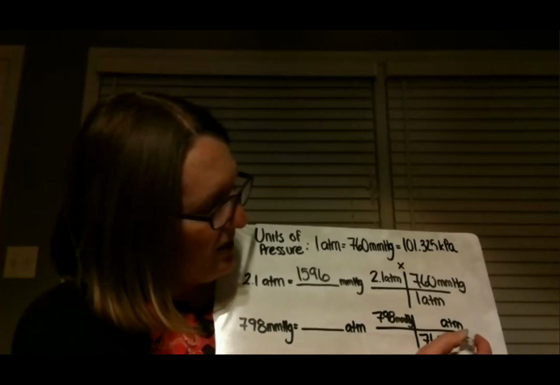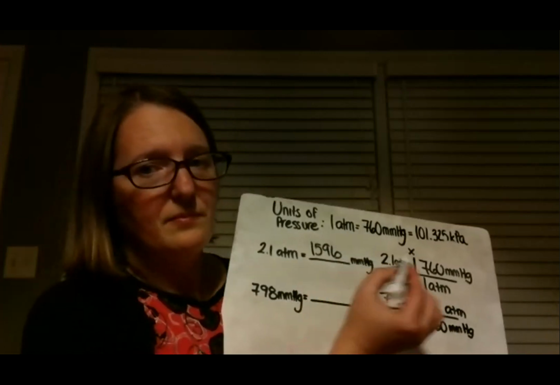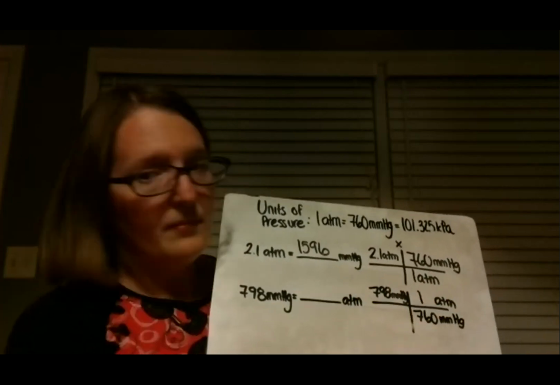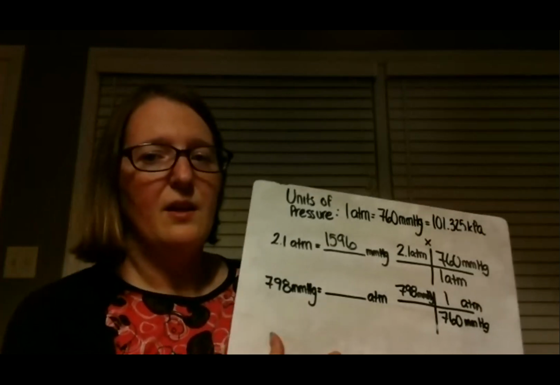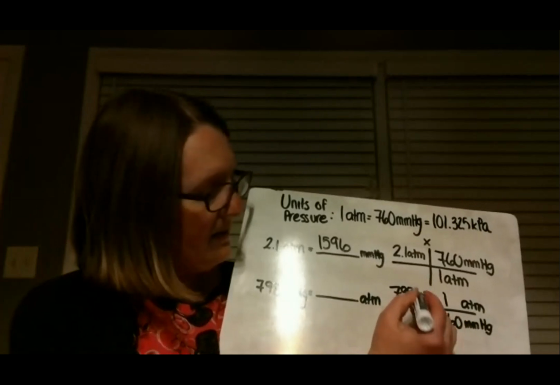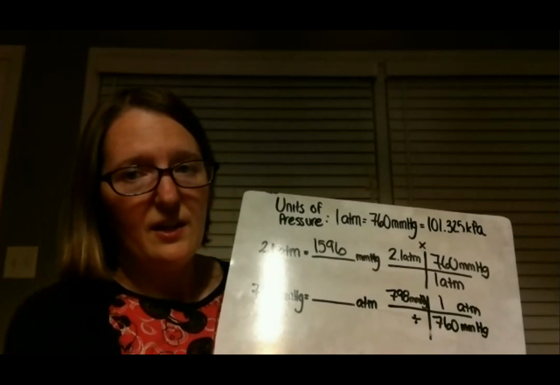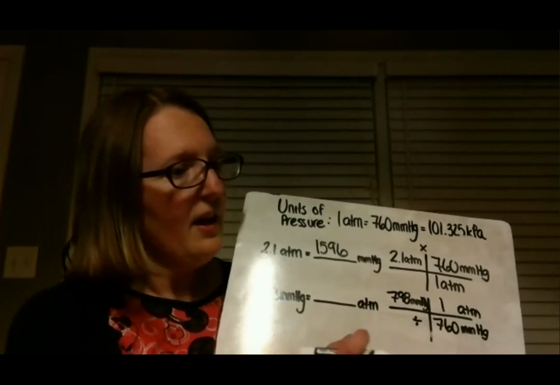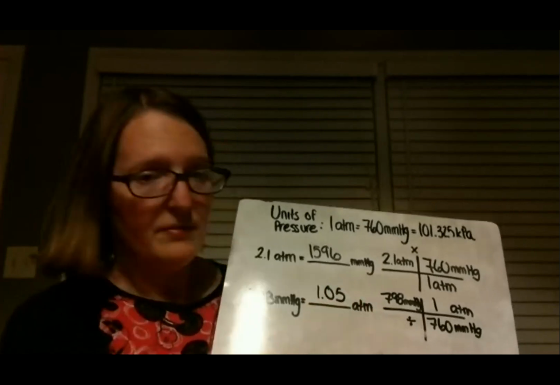And how much atmospheres is 760? 1. So if you remember, when doing this, we divide. When it's on the bottom, we divide. So I'm going to take 798 divided by 760, and I get 1.05.